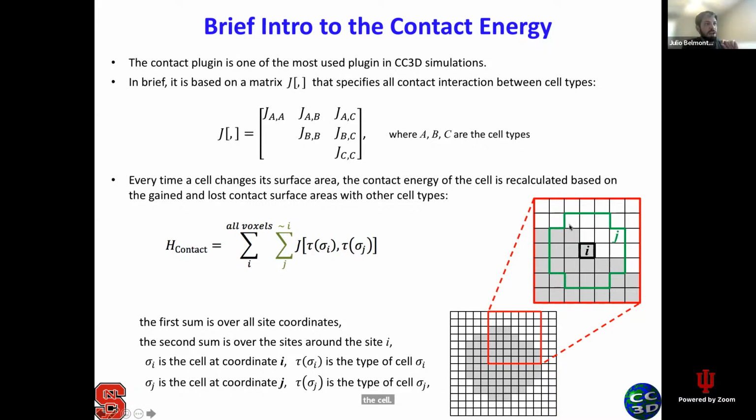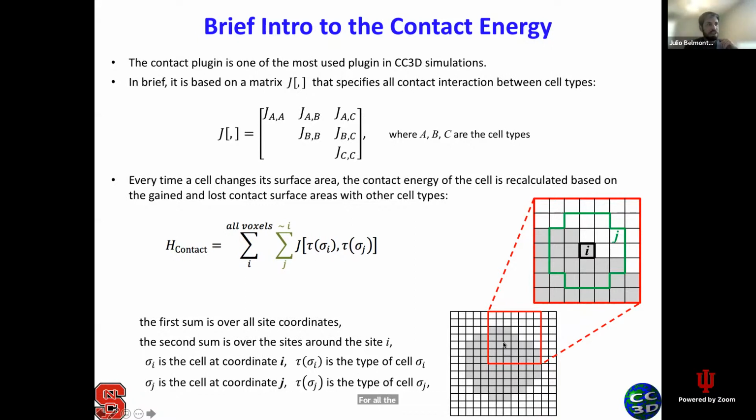If here you find another cell that's cell type C, let's say this site here belongs to cell C, then you'll be counting the interaction between cell A and B here, and for this one, you'll be using the energy between cell A and cell C. Okay, so that's how it works, and you do that calculation for all the lattice sites in your cell.